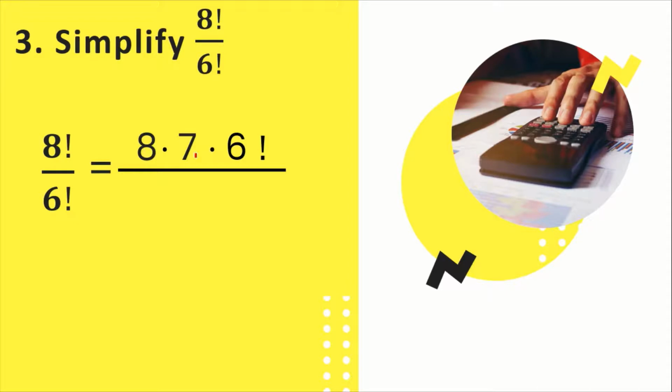So, 8 times 7 times 6 factorial na lang over 6 factorial. Now, pwede na nating i-cancel ang 6 factorial. So, ang naiwan na lang ay 8 times 7. So, multiply natin yung naiwang numbers. So, we have 8 factorial over 6 factorial is equal to 56.